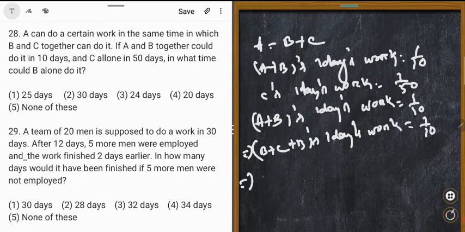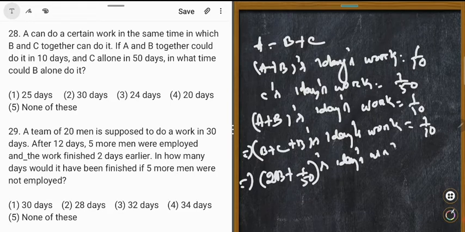Implies that 2B plus C, where C's 1 day's work is 1/50, is equal to 1/10. That means 2B is equal to 1/10 minus 1/50.